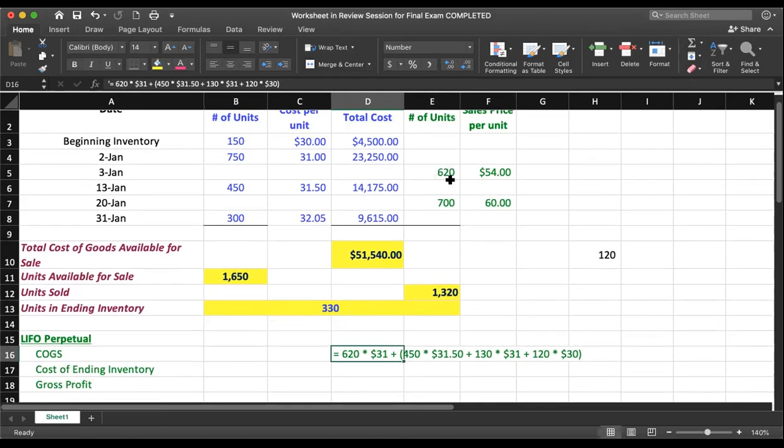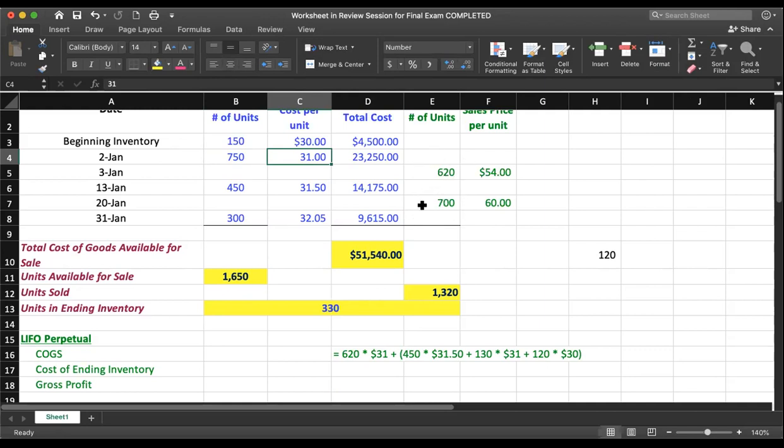The first sale was 620 units, and that first sale would be costed at the most recent purchase prior to the sale, and that was these 750 units that cost $31 each. That would be the cost of that sale.